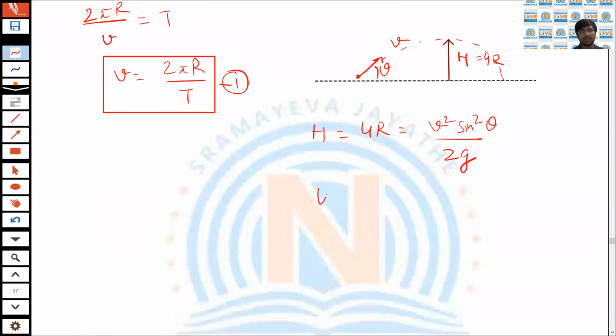So from here we can write 4r is equal to 4 pi square r square by t square sin square theta divided by 2g.